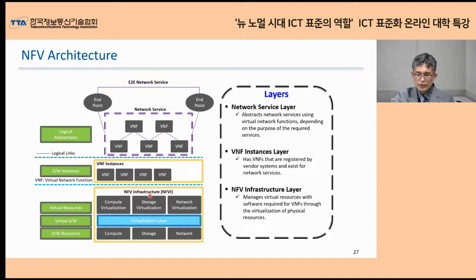Using those 3 kinds of resources, we can construct a VNF, a virtual network function, to run actual services. In the network service layer, we can connect multiple VNFs using service function chaining. We can then provide the actual network service.